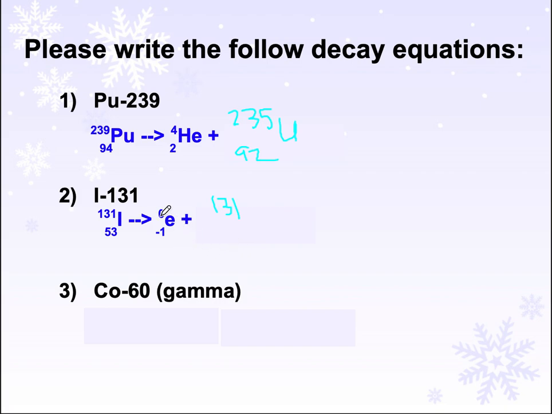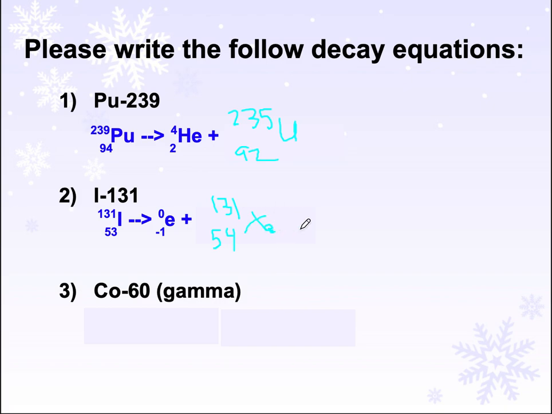The bottom number, be careful, because this is a negative. These numbers still have to add to get to 53, right? So this number, stick with me, has to be 54, because 54 plus a negative 1 will get you 53. And if we look, the thing with an atomic number of 54 is Xe, xenon.